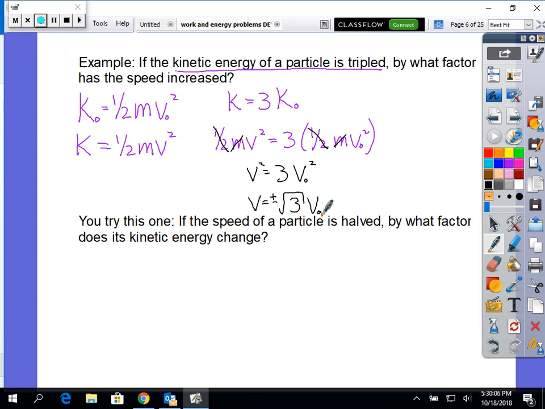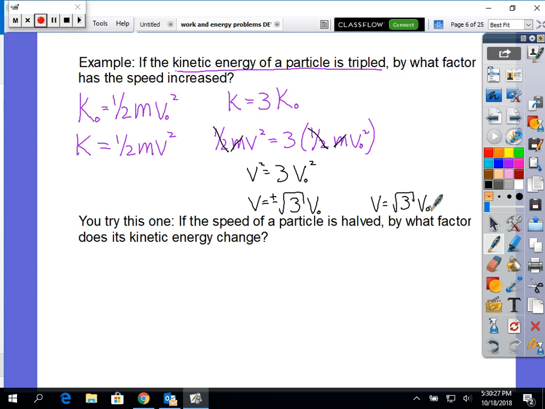Now if I'm thinking of v as just the speed, we don't have to worry about the sign. We can just say v equals the square root of 3 times v naught, because the speed is just the magnitude of the velocity.